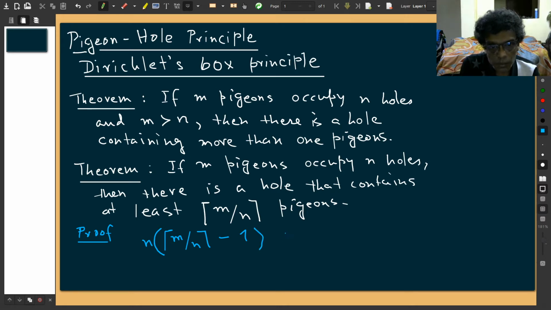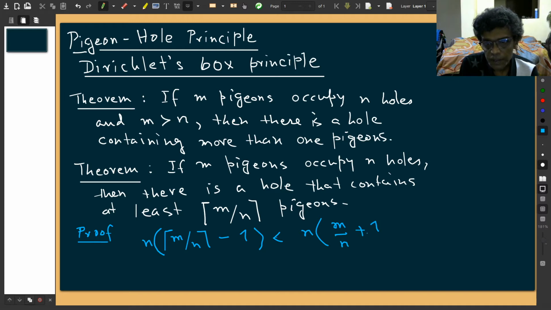But now I use a property of the ceiling function. The ceiling of m by n cannot be bigger than this quantity.